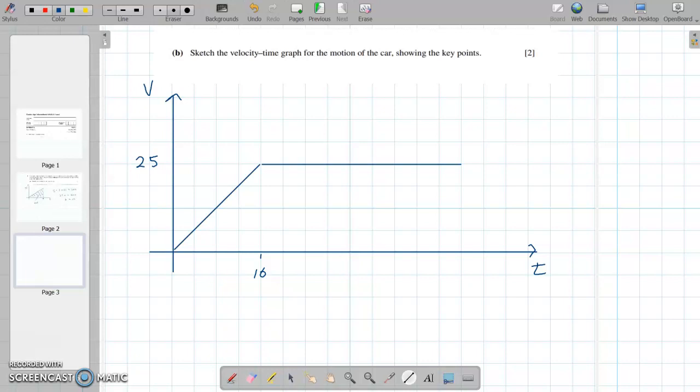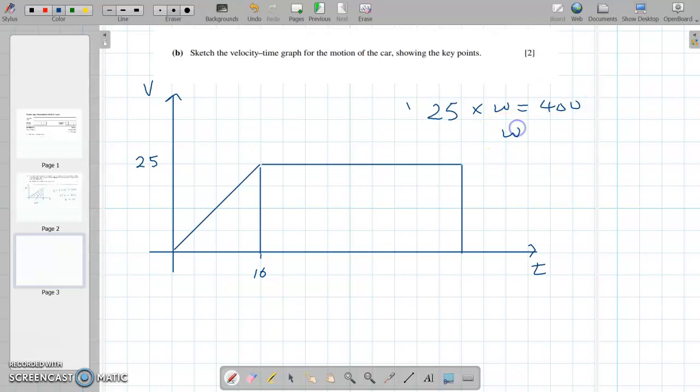But we need to know what time that's going to be. Well, this is for 400 meters. So that means that the area of this rectangle is 400 meters. So we've got 25 is the height times the time, the width, equals 400 meters.